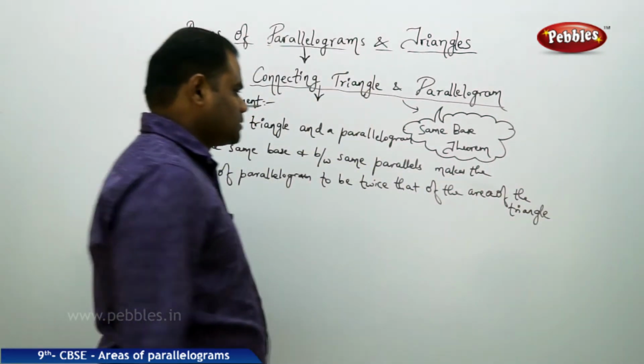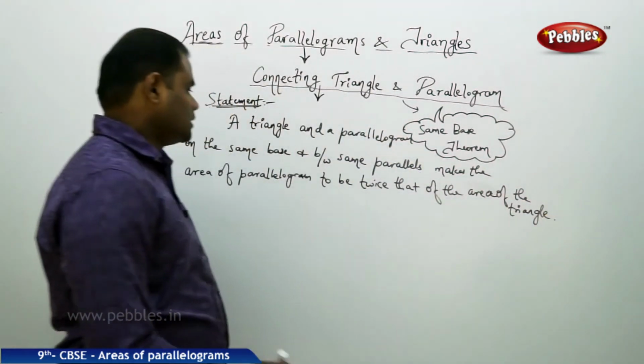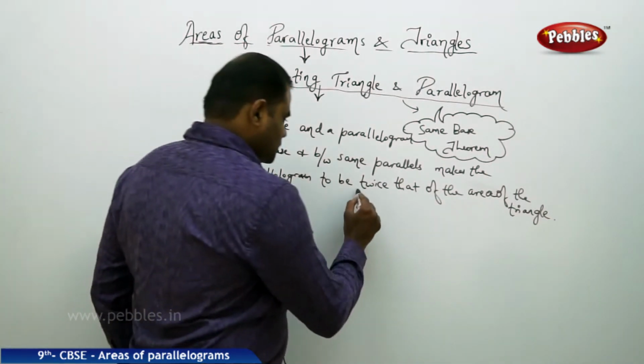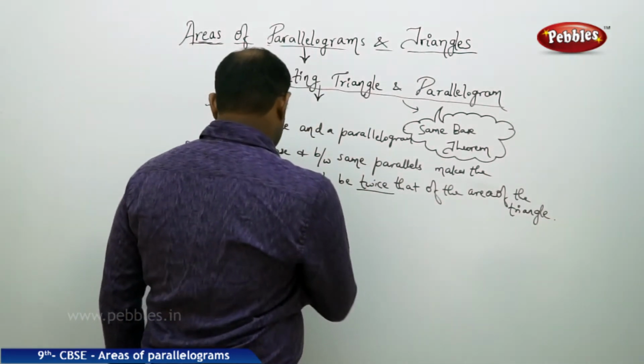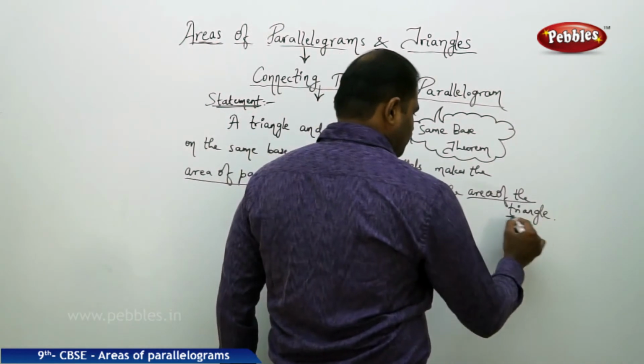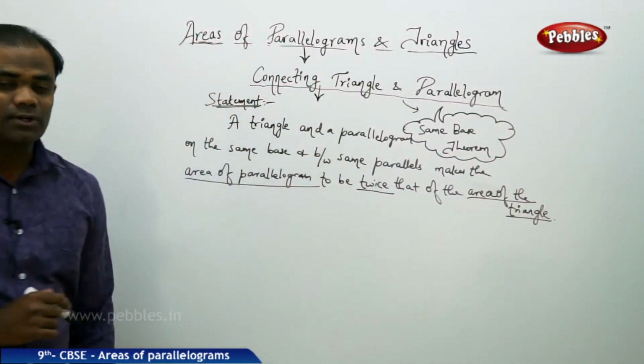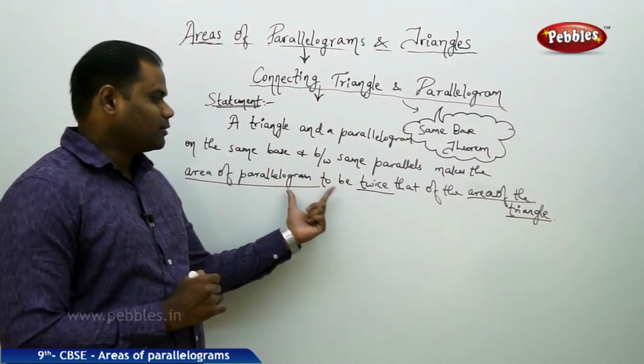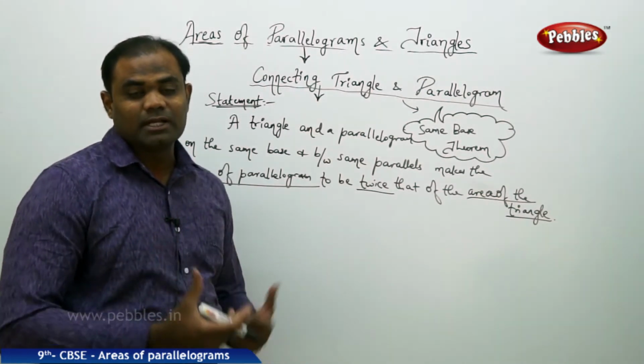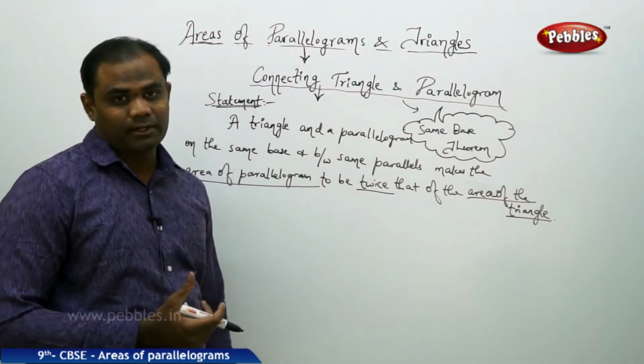So in such a case, we see that the area of the parallelogram is twice that of the area of the triangle. It is not equal, but the area of the parallelogram is twice or double the area of the triangle.